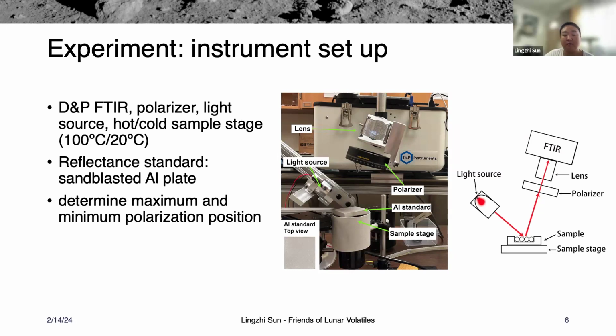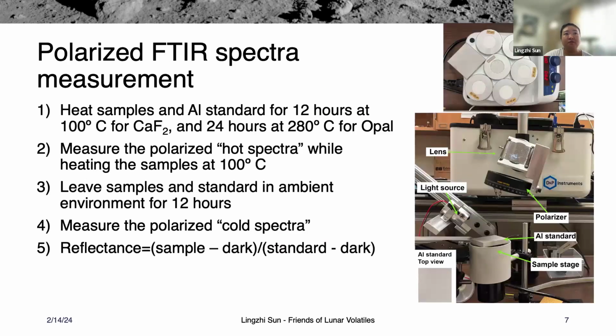And so to get the data, firstly, we heated the samples. We're trying to remove most of the surface absorbed water to start with a very low water level, but we don't have a purged box or something, so we're just heating it in the air.